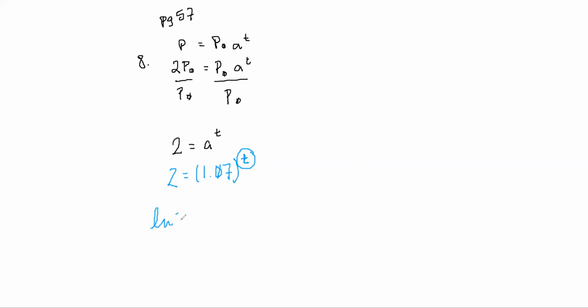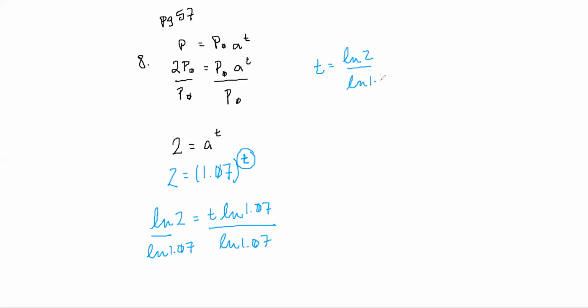Let's just take the natural log of both sides. And we end up with t is equal to the natural log of 2 over the natural log of 1.07. And that is a perfectly acceptable answer for doubling time. If they ask you this kind of thing on an exam, this is what your answer would look like.